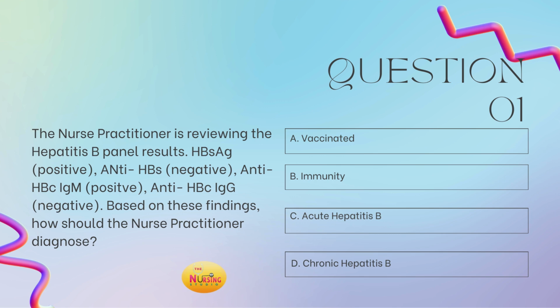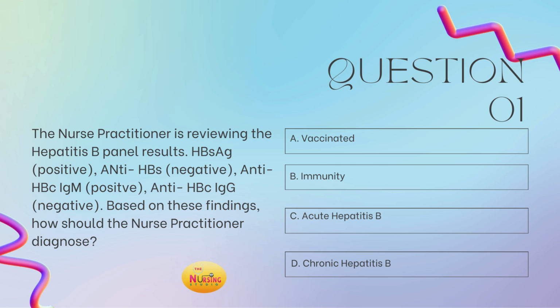And so you started to create this storyline that is unnecessary for you, okay? So take a moment and see what the question is asking, and then you can go back and read the scenario and take what you need from it, okay? So here, the stem of the question states, based on these findings, how should the nurse practitioner diagnose?